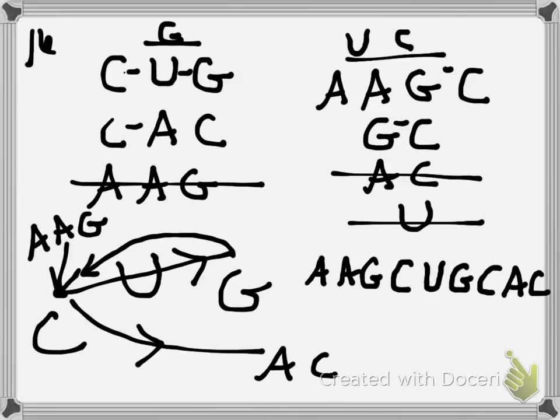So that if I break after every G, I get an AAG, a CUG, and a CAC.